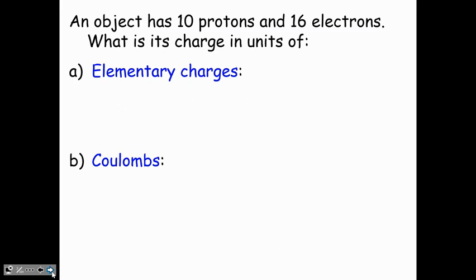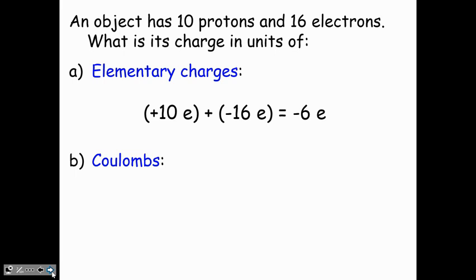Here's how you might see this used in practice problems. An object has 10 protons and 16 electrons. What is its charge in both elementary charges and coulombs? To figure out the overall charge, think about the amount of charge from those protons and electrons and add them together. 10 protons would have a charge of +10 e, and 16 electrons would have a charge of -16 e.